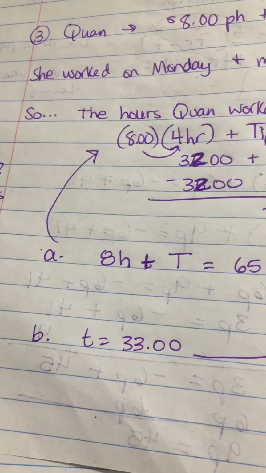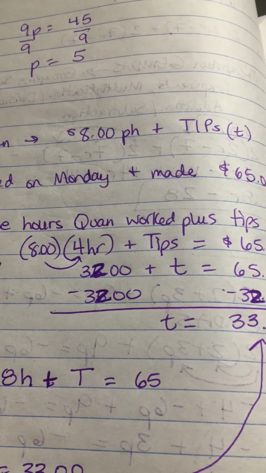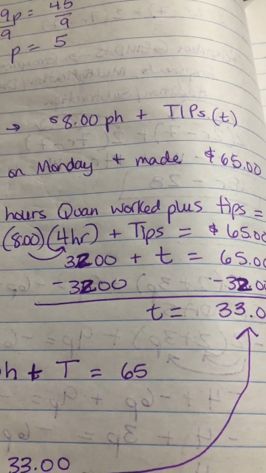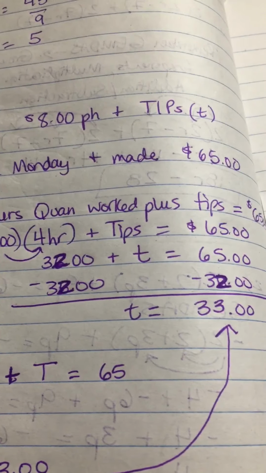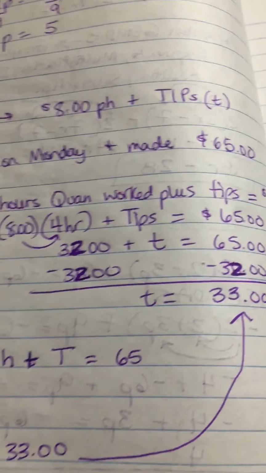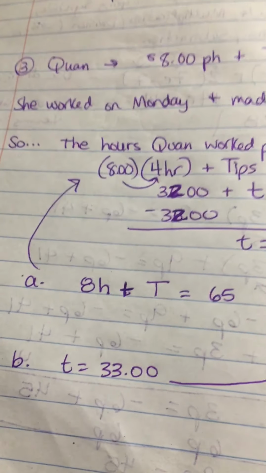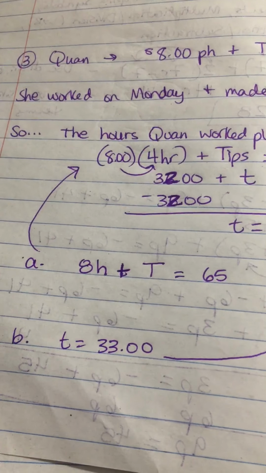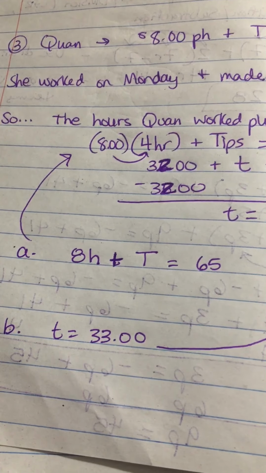All right, and like what was mentioned here, we subtracted the amount that she made per hour, which was $32, from the total that she made, and our answer was $33. So her tip is $33. This is how you solve this problem, and this is how you would solve other problems similar to this.